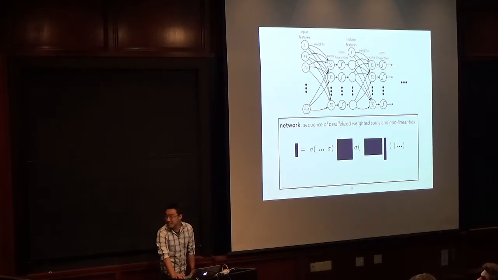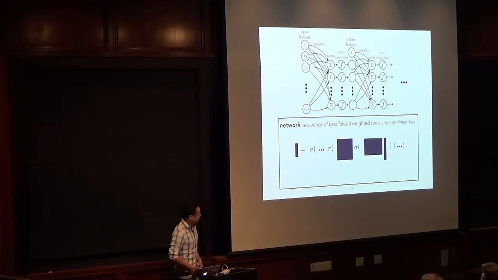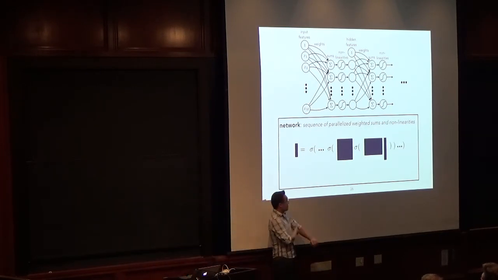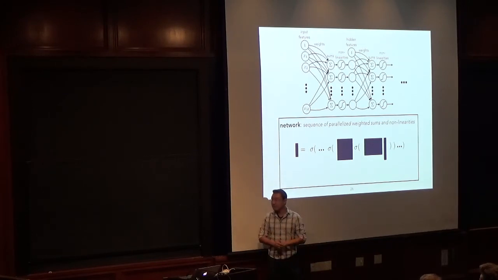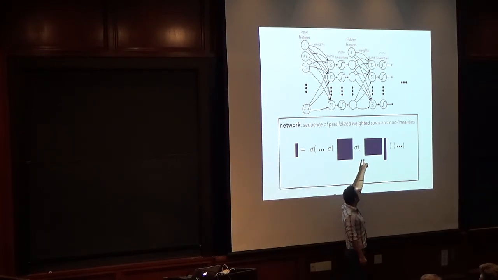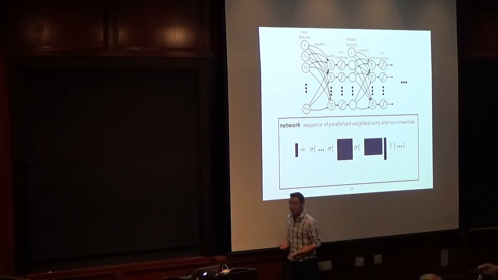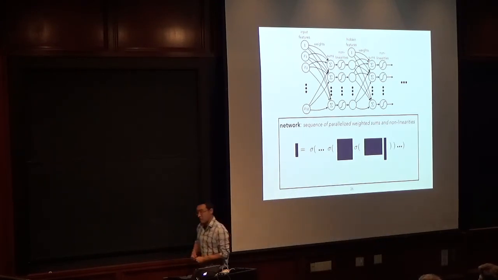Yes, question? What exactly do you mean by parallelizing? So modern processors like GPUs and even your CPUs can solve all of these operations in one go. If you're interested, I'm sure they teach these things in some EE class.